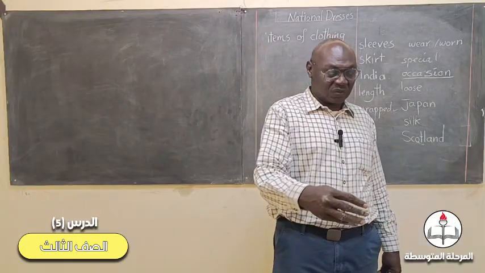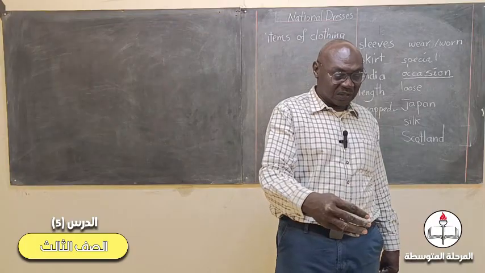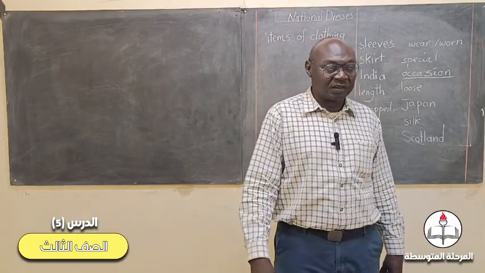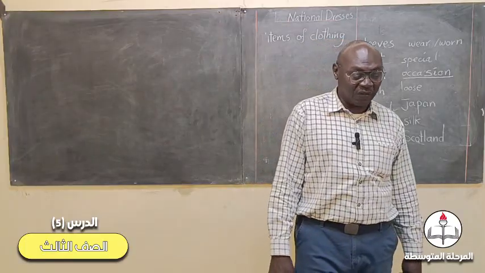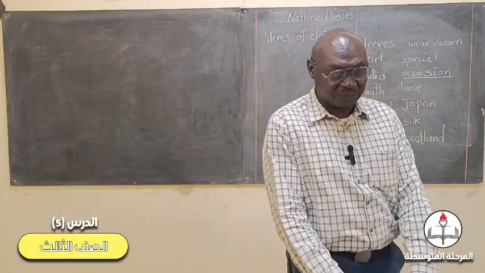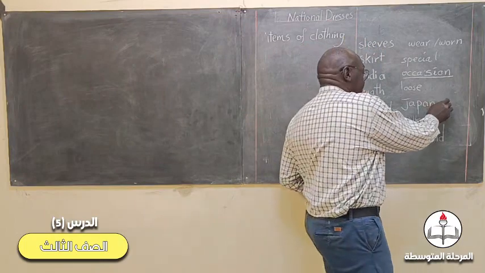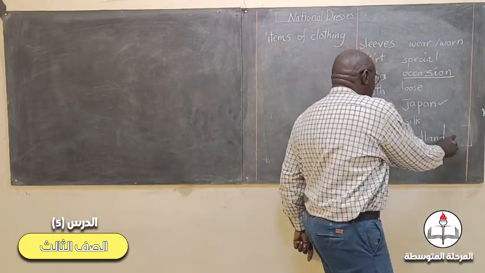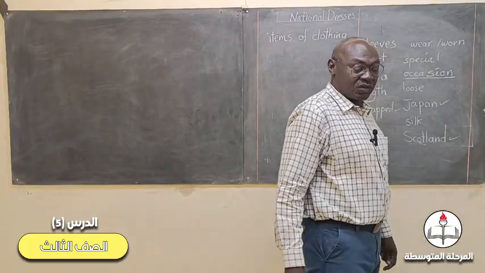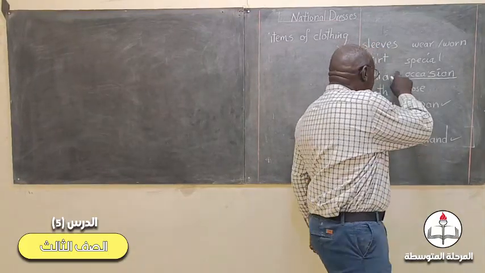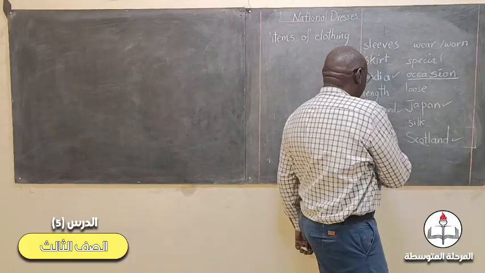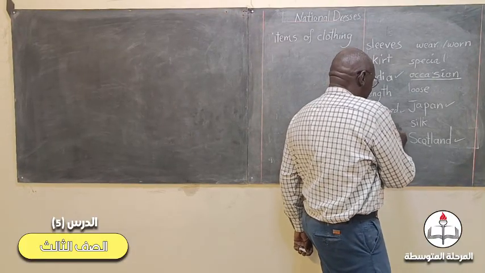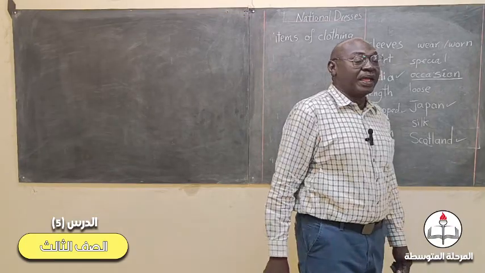This is one, two, three, four different kinds of items of clothing, okay? This word, yes, good. Japan. This, Scotland. This, India. And this, Spain.